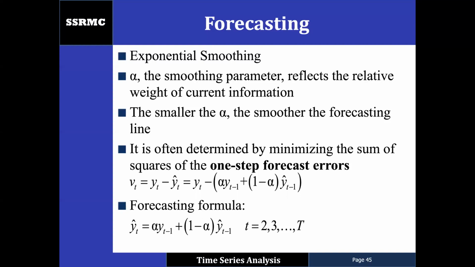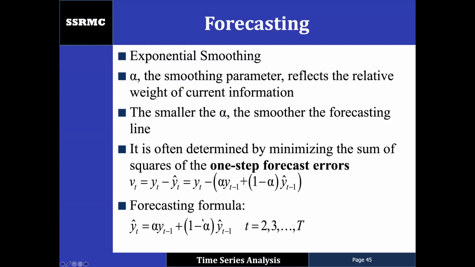Then the question is how to determine the best value of the smoothing parameter. The common practice is to find the value that minimizes the sum of squares of the one-step forecast errors. It's quite similar to the rationale behind OLS. We find a value that gives us the best forecast result, then we go with it.